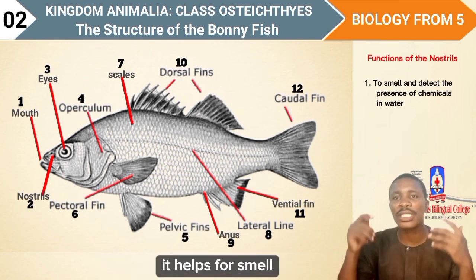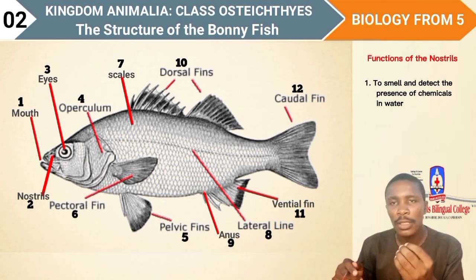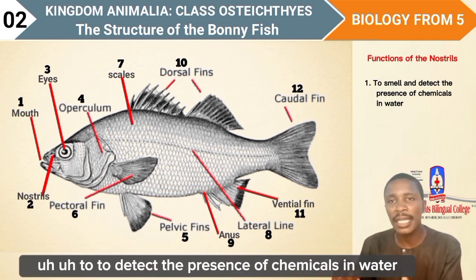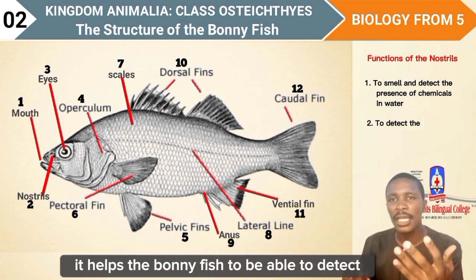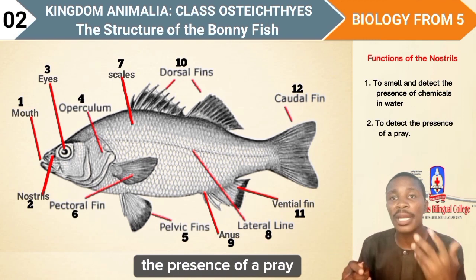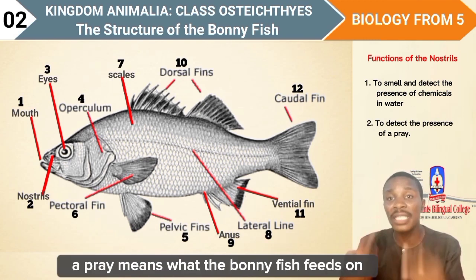It helps for smell. Now, this enables the bony fish to be able to smell, to detect the presence of chemicals in water. It helps the bony fish to be able to detect the presence of a prey. A prey means what the bony fish feeds on.